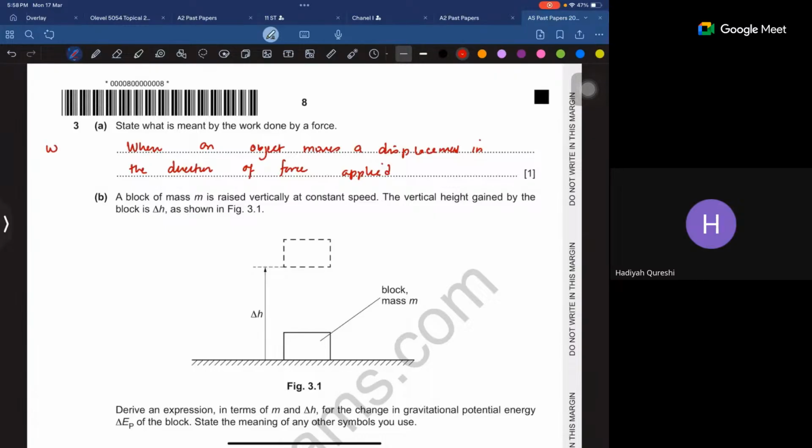So this is work done. You can actually write it if you want to.